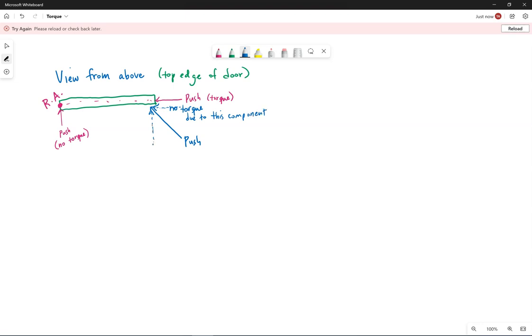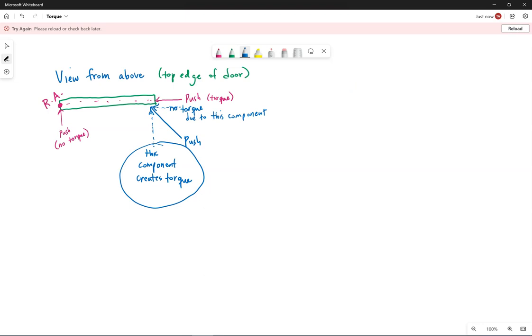The component that's perpendicular to the door creates the torque. And again, by torque I just mean this component is going to make this door rotate around its hinges, assuming nothing else is in the way. Okay. This force causes the rotation, thus it is creating the torque.